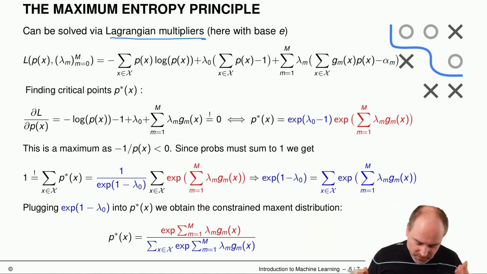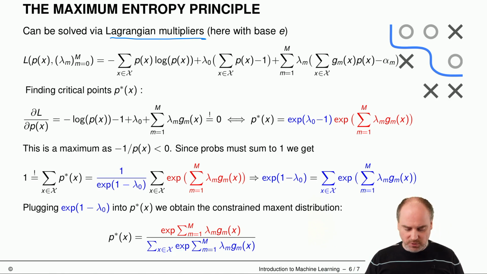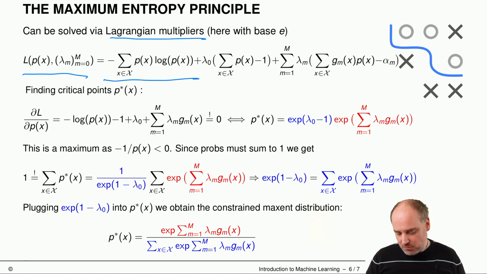So I can use the natural logarithm and the exponential function. I can now write down the Lagrangian to solve my optimization problem and then see where that brings me. So I will write down my objective function, which is simply our entropy formula. And this now works in a very similar way to what we did in the unit before with respect to showing that the uniform distribution actually has maximum entropy.